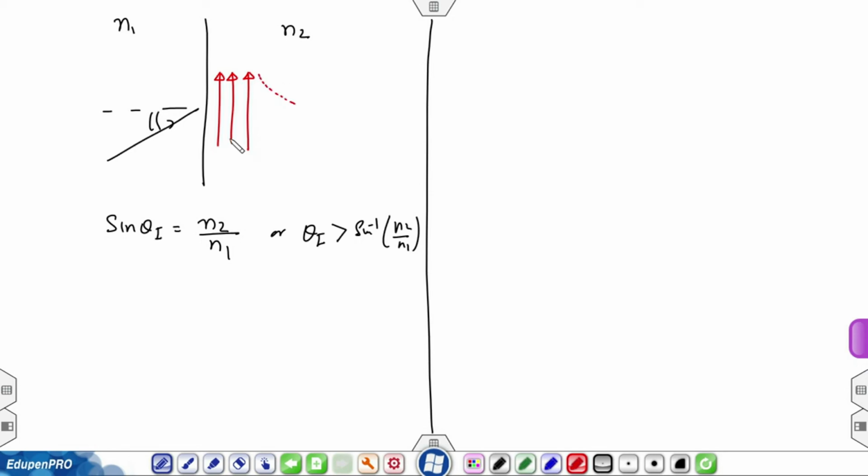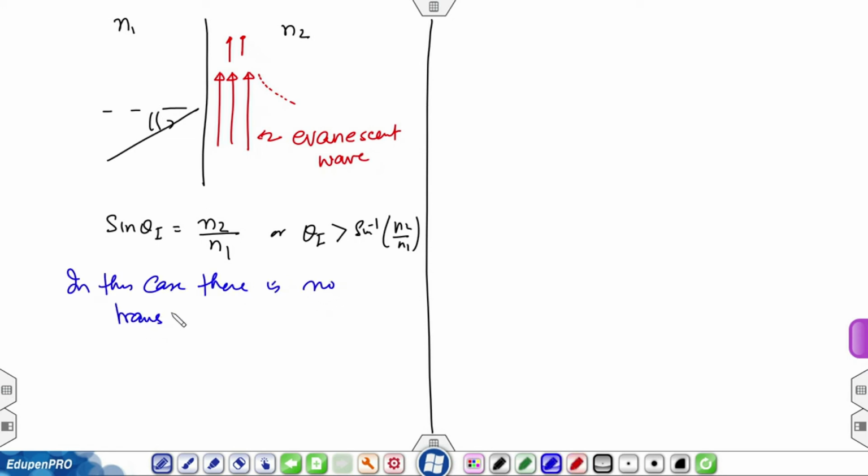So, all the energy flow is in this direction, shown by red. This is known as an evanescent wave. It transports no energy across the surface. So, in this case, there is no transport of energy across the surface. All energy is reflected.